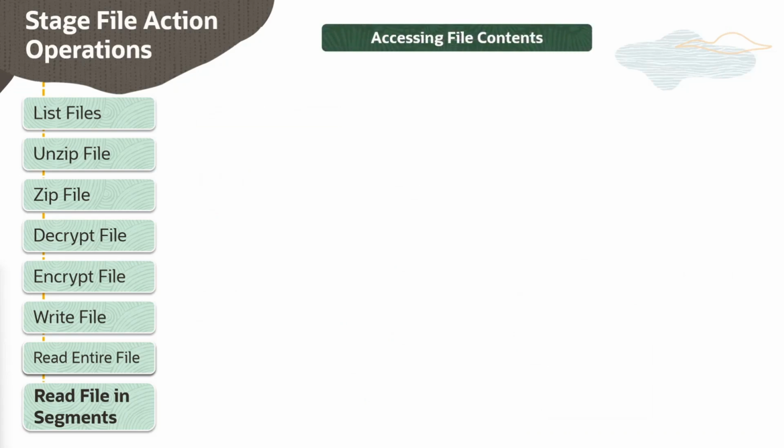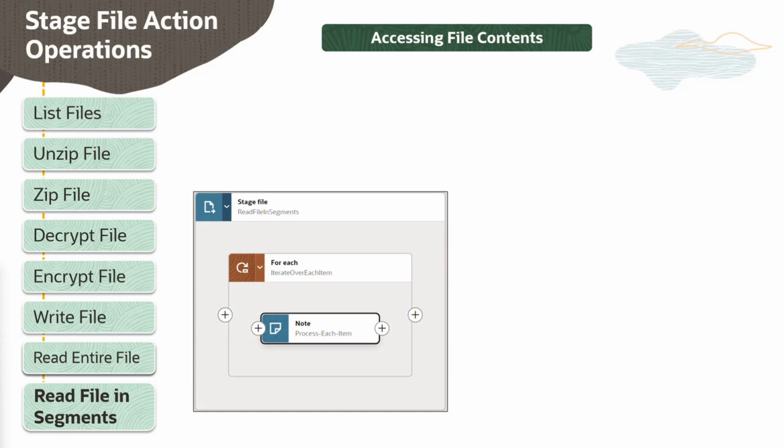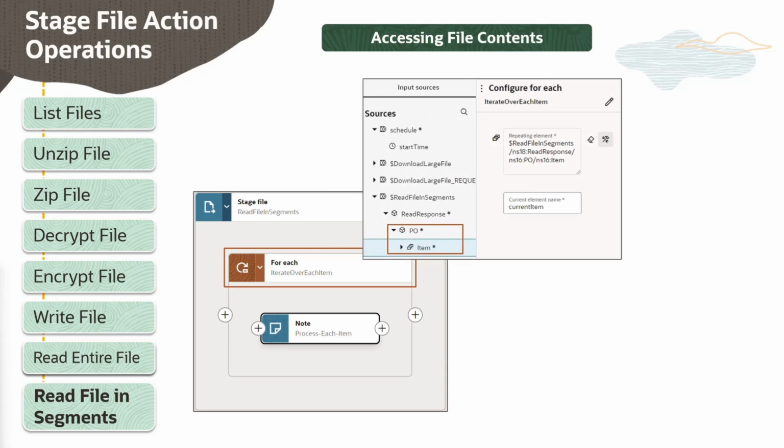Now that the action is configured, returning to our example use case to configure the for each action. In this example, the file schema is a purchase order with many items. So each segment is already a subset of those items, anywhere from 200 to 2000, depending on your configuration.